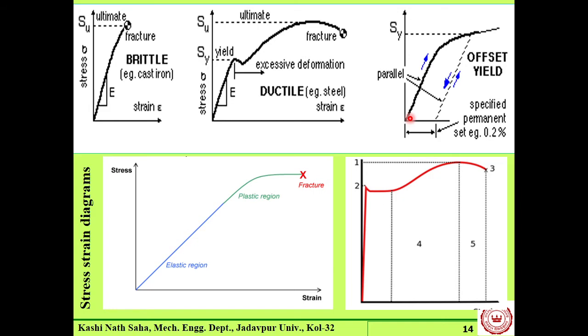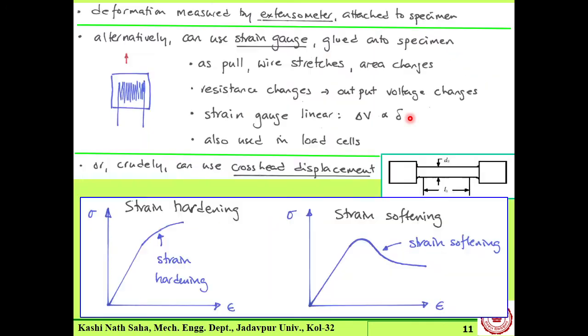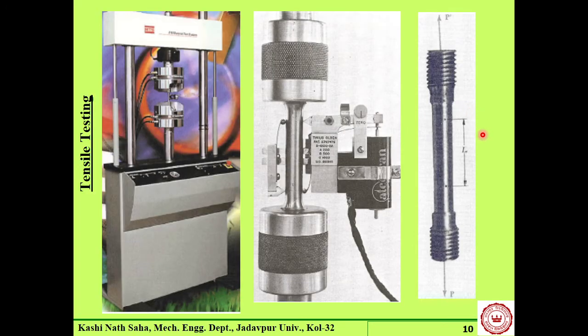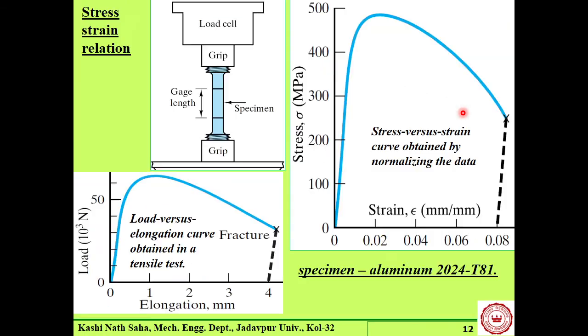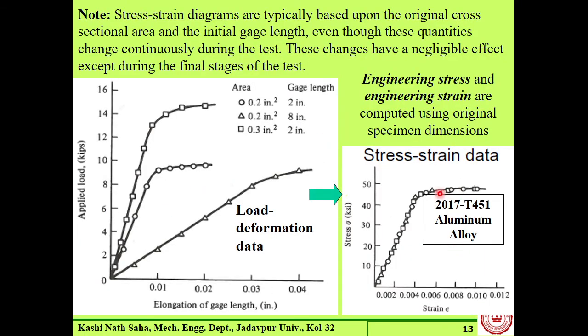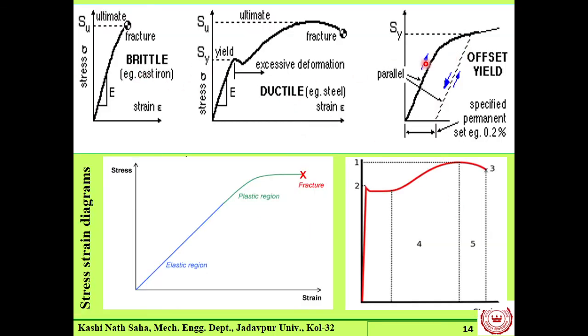Now again, this specimen was for a particular material. If we change the material, if it is another type of material, the nature of this stress strain diagram will also change. So these are some diagrams. What we observe here, in this particular case, is that there is not much extension, but it fractures, the failure occurs.